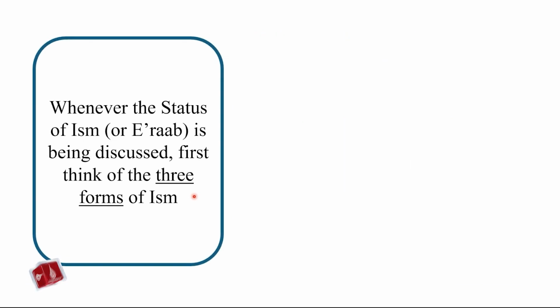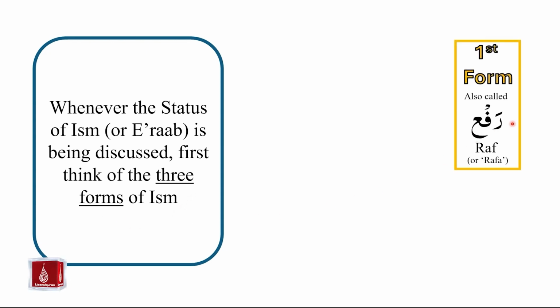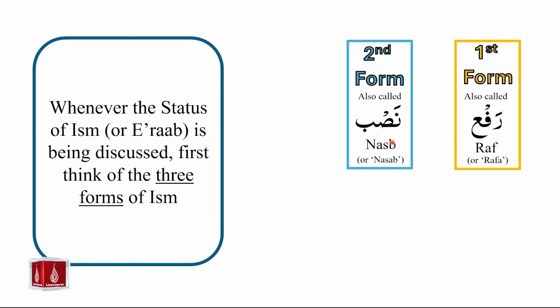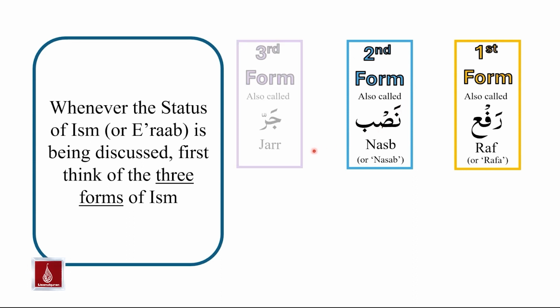Whenever the status of an ism or its i'rab is being discussed, first we need to think of the three forms of ism. These three forms are Rafa, which is the first form of ism, Nasab, which is the second form of ism, Jar, which is the third form of ism.